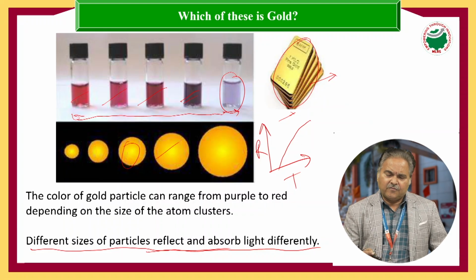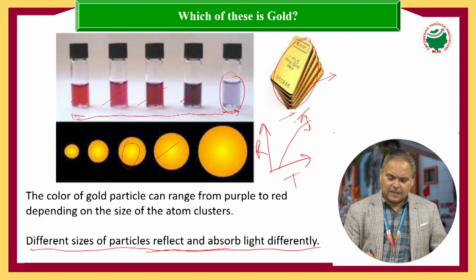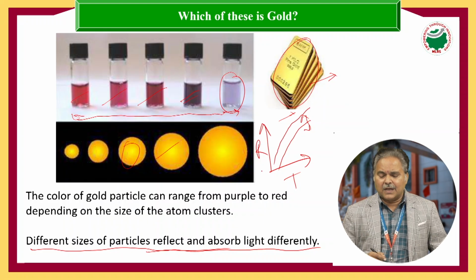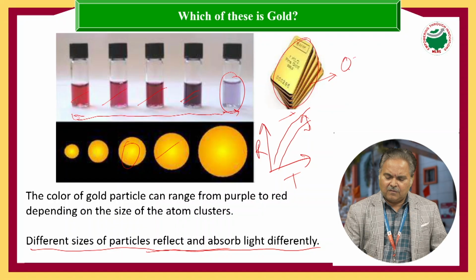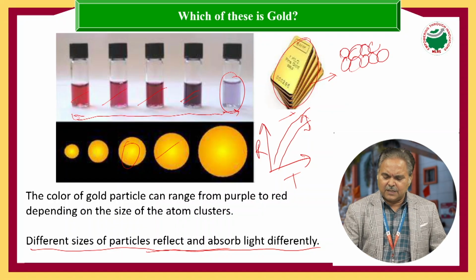But what happens if the particle size is reduced? The resistance value will depend. Maybe it will increase the resistance value, because the surface to volume ratio will increase. So the grain boundary will come out.